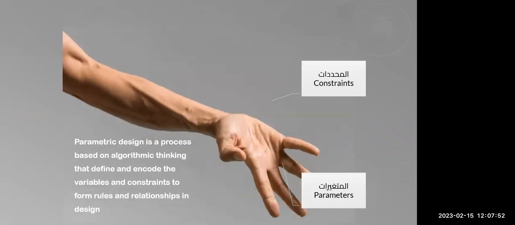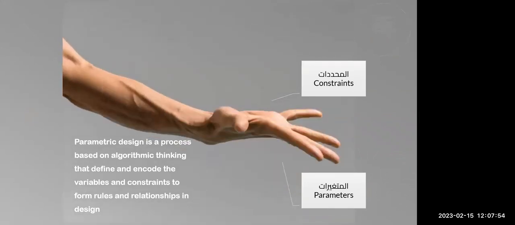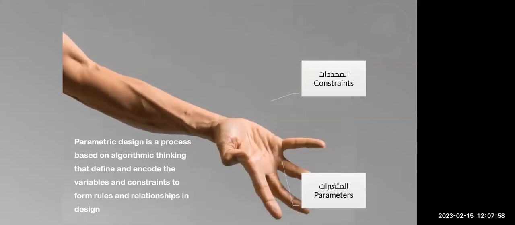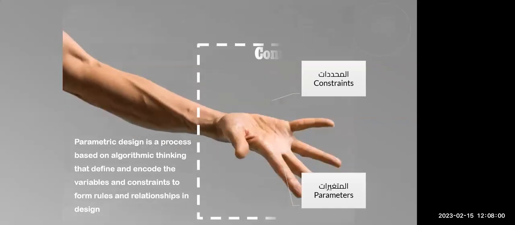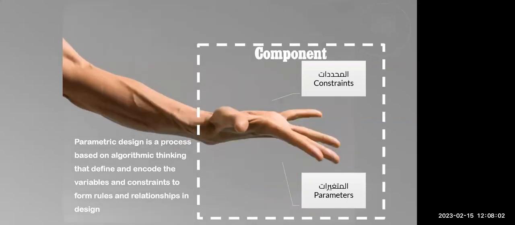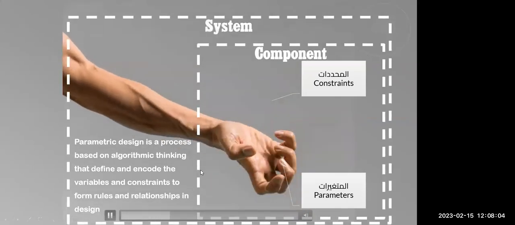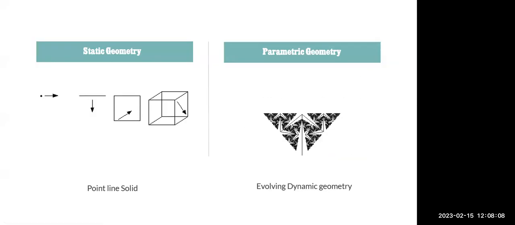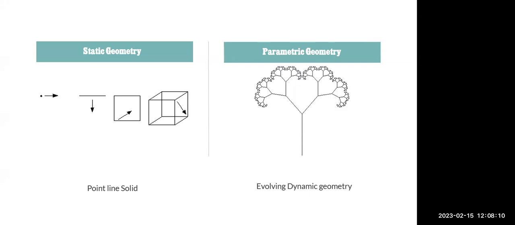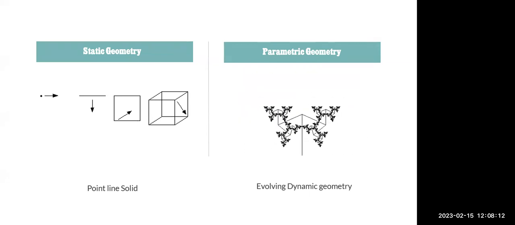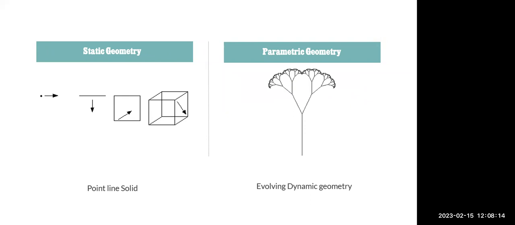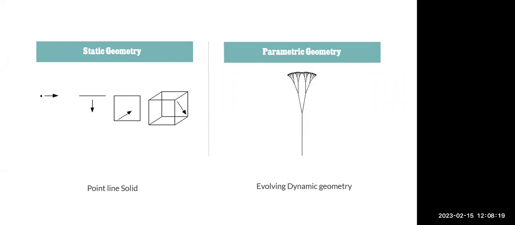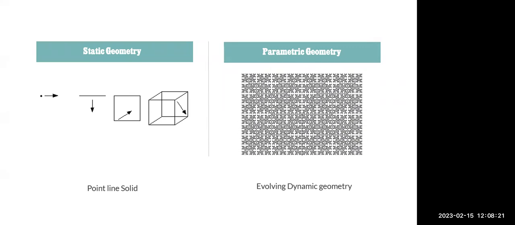So it achieves two types of system: a part-to-part system and a part-to-whole system. Any system is composed of a number of components, and the components together compose this system. So we can consider parametric design as a dynamic, evolving geometry, while static geometry considers the form as a group of shapes, lines, points, vertices, separated from each other.